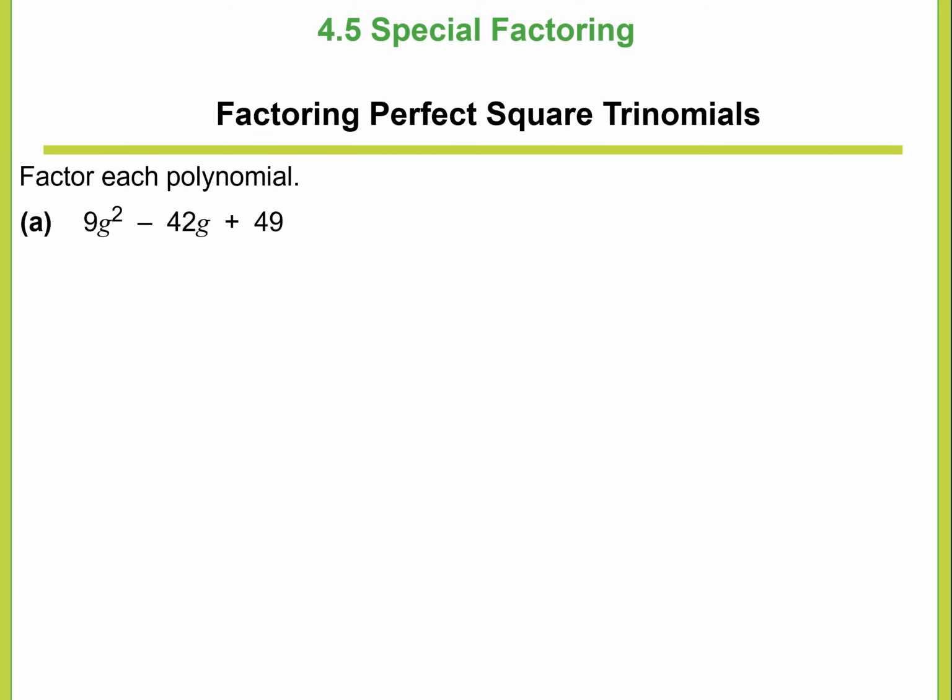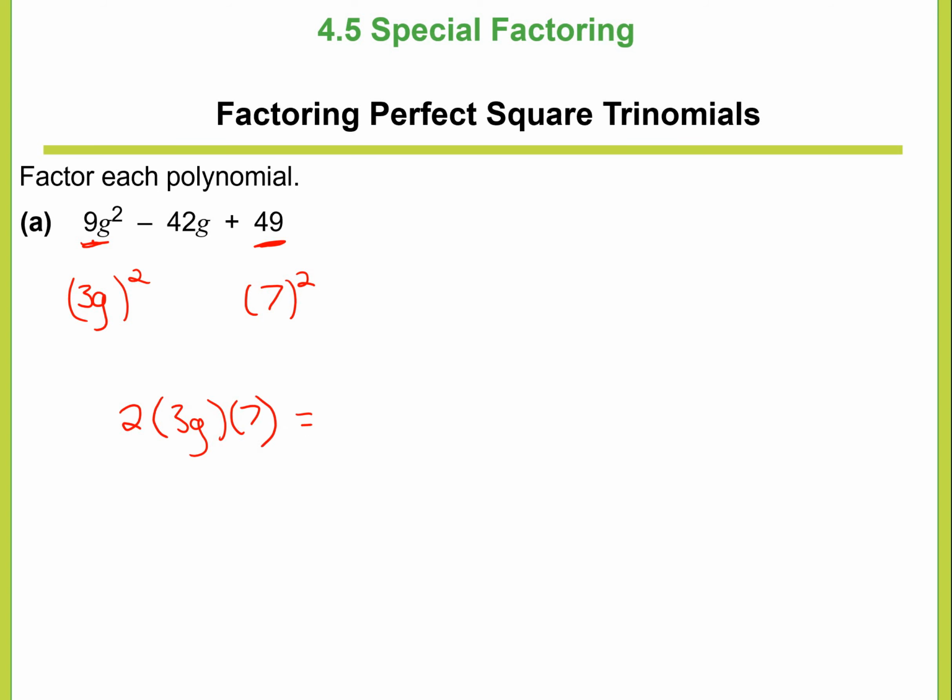All right, so first thing to check if it's perfect square trinomial is that a perfect square and that a perfect square? It is. So if I wrote this as 3g squared and this is 7 squared, this middle term should be 2 times the square roots multiplied together.